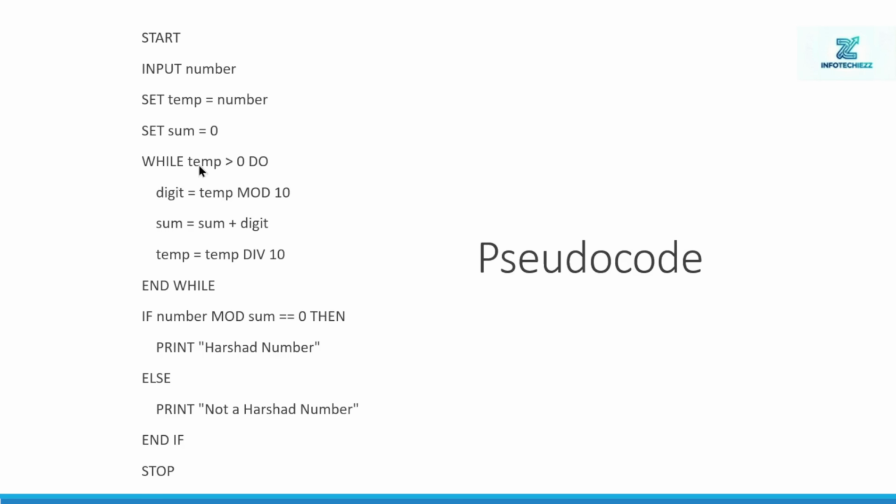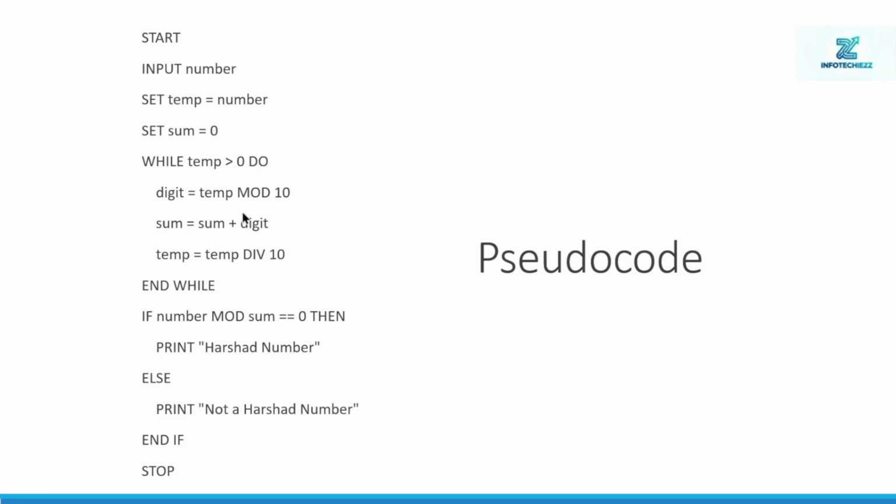Inside the while loop, we have to get the last digit. For that, use the modulo operator. After that, add the digits. At last, you have to remove the last digit for executing the next iteration of the while loop, and end the while.